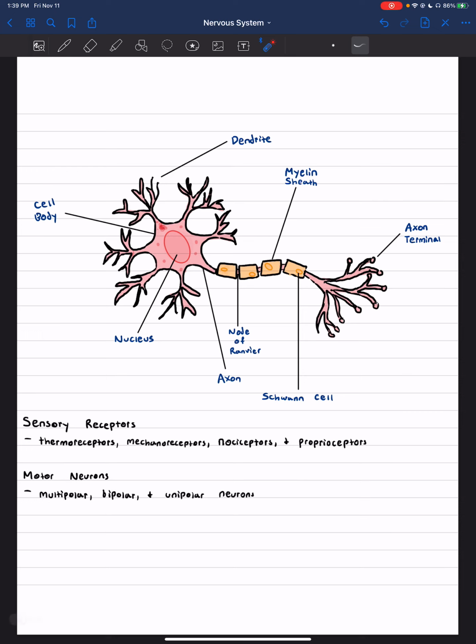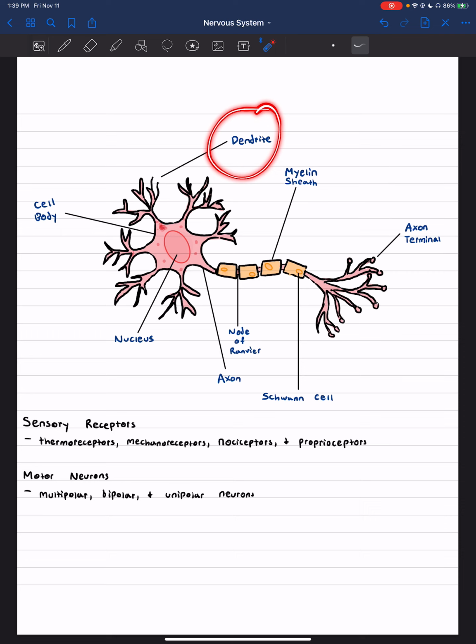So, as a recap, I just wanted to put the same diagram as before and see if y'all can identify all the definitions. So, cell body is the metabolic center for your neuron, and it has Nissl bodies, which are these granulations of rough endoplasmic reticulum for protein synthesis.